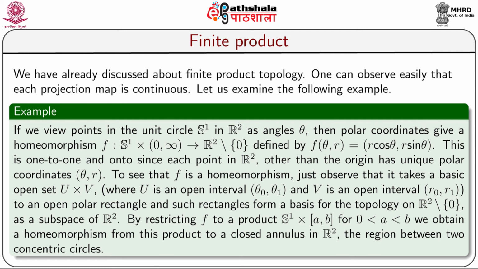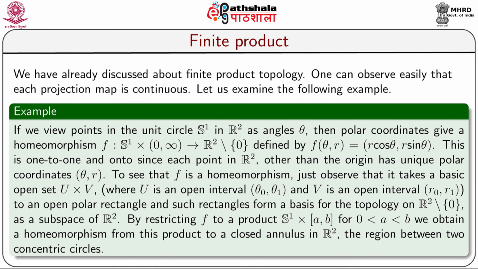We will present here that S1 Cartesian product (0, infinity) will be homeomorphic with the punctured plane, where S1 is the unit circle and (0, infinity) is endowed with the subspace topology.